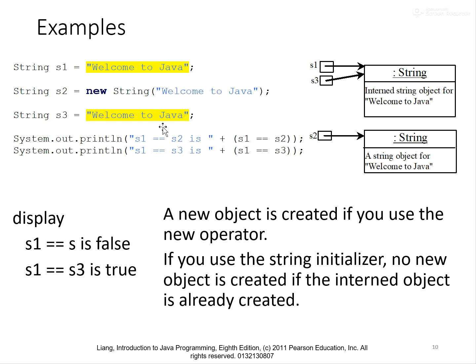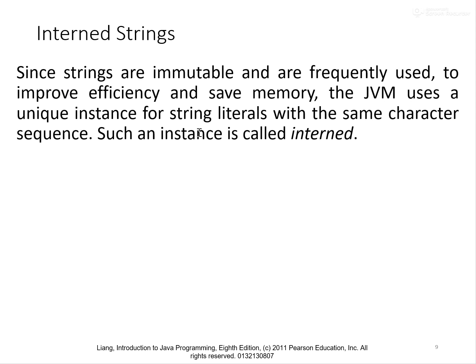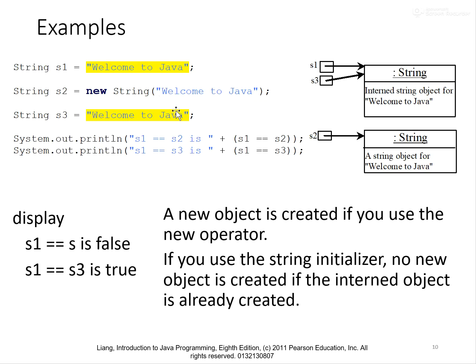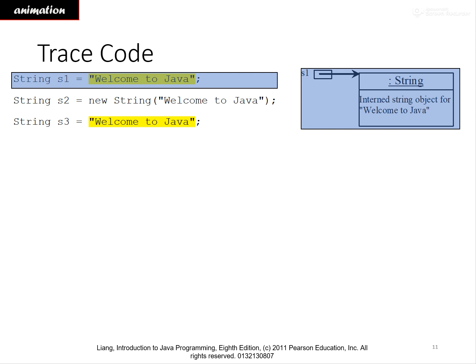Now, what happens in Java, in the interest of saving memory, is that the JVM, when you do this, looks for any pre-existing string object that contains this text. And look what happens. S1 is created, we have one object.